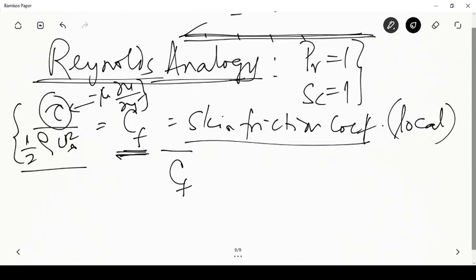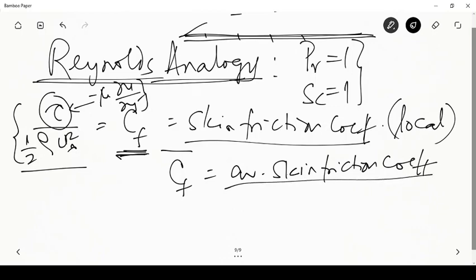Okay, so this is the average skin friction coefficient. So you have the non-dimensional shear stress given in the form of local or averaged skin friction coefficient.